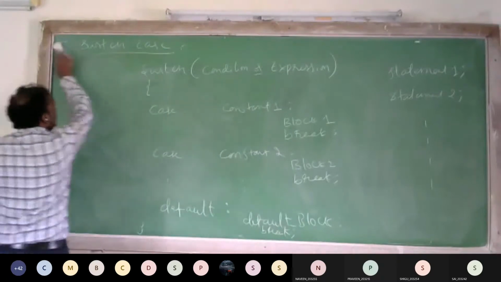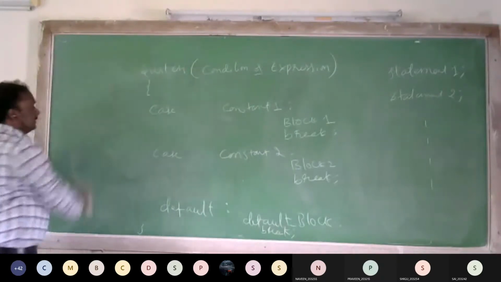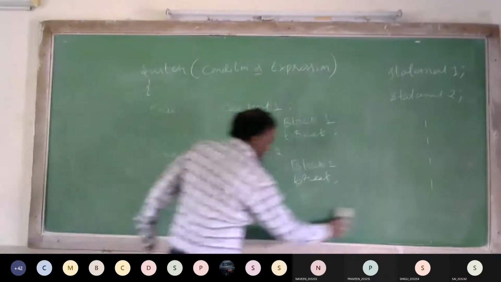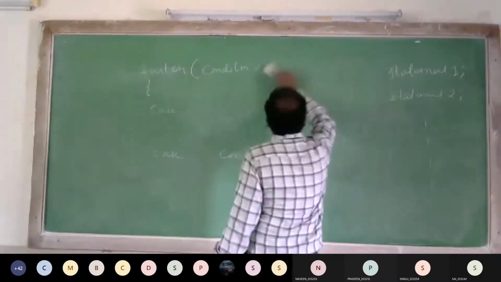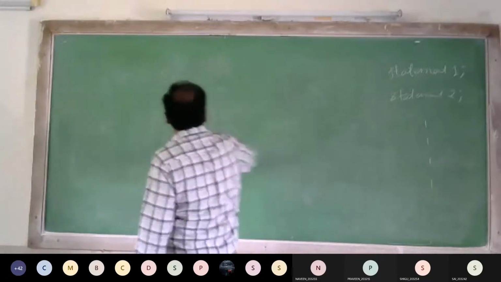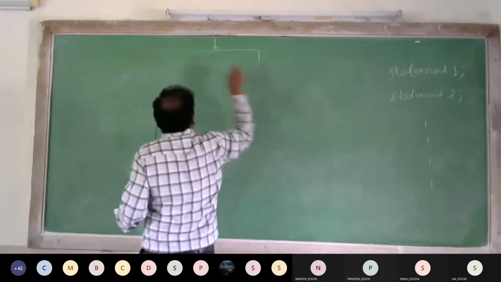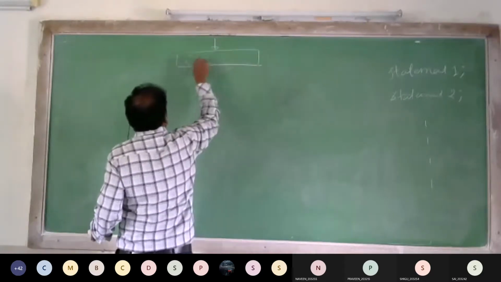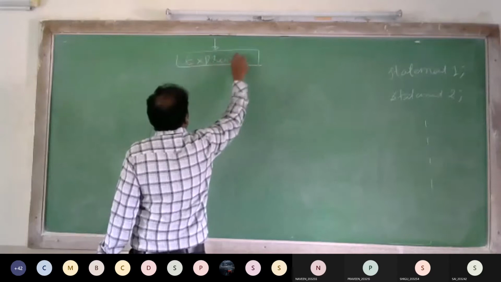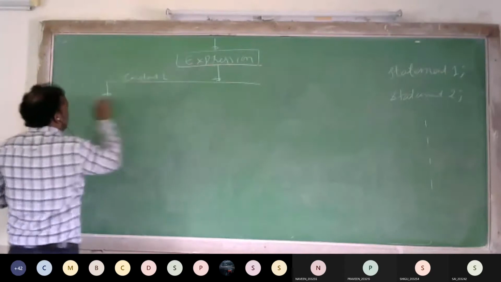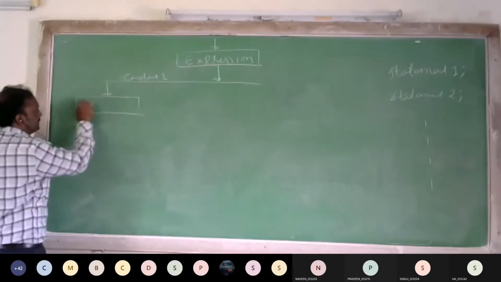Now I will write the flow chart. Expression: if it matches with constant 1, then the block 1 set of statements are executed.